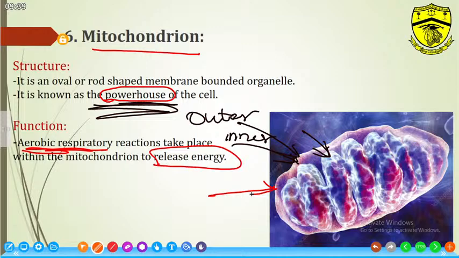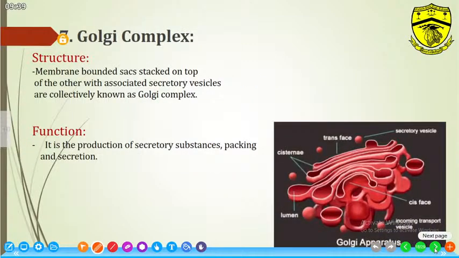Right. Next, we discuss about the Golgi complex. Yeah, it is also present in a vesicle structure. And next one is the Golgi body. So the membrane bounded sacs stacked on top of the other with associated secretory vesicles.